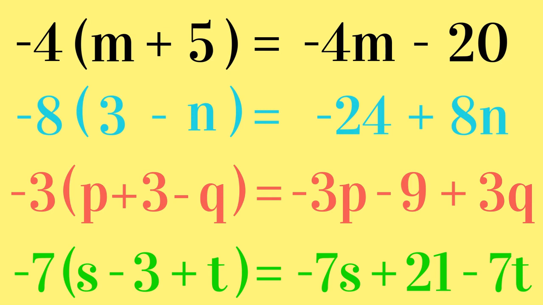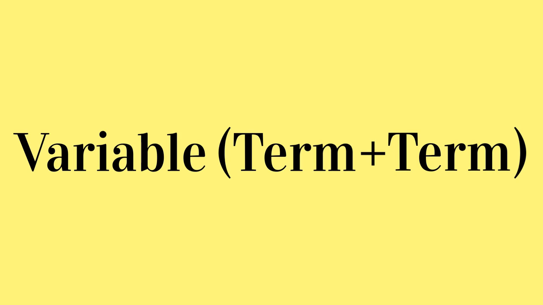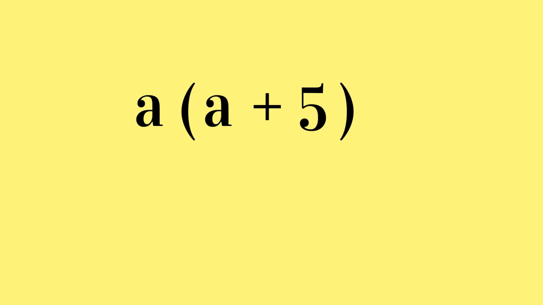It is also possible to expand brackets where the term on the outside is a variable. For example, if we had a(a + 5), in this case we have a multiplied by a.